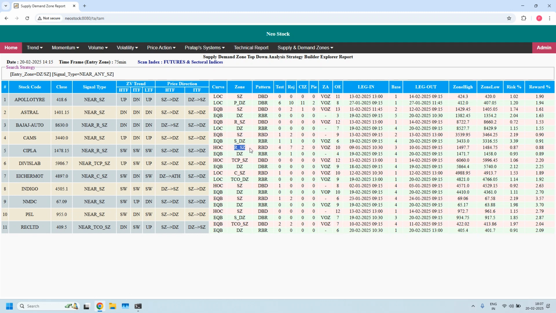Cipla is having a high liquidity supply zone. Divi's Lab is having a high liquidity supply zone. Hero Motors is having a high liquidity supply zone. That's it. We have identified 4 high liquidity 75 minute supply zones from this list.